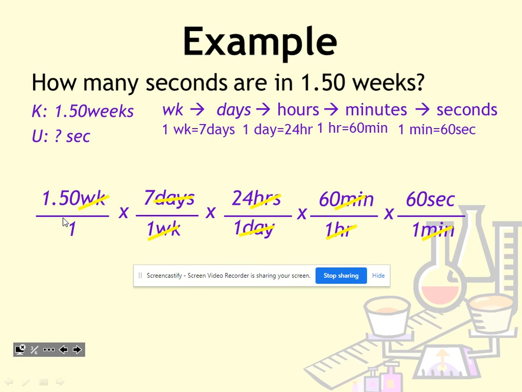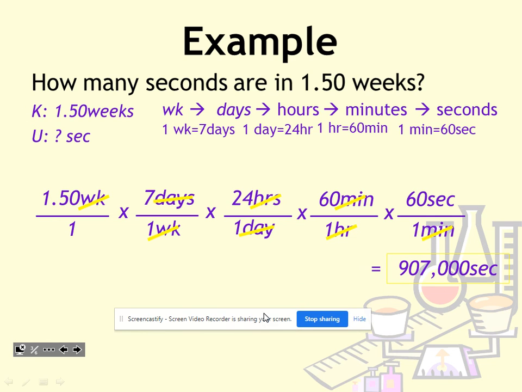So essentially what I need to do is multiply all my top numbers going across. And if I do have any numbers that aren't 1 on the bottom, I have to divide by them. But all I have is 1. So whatever I have on the top will be what I end up with. So I have to take 1.5 times 7 times 24 times 60 times 60.